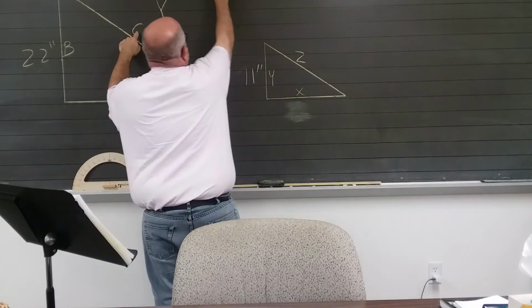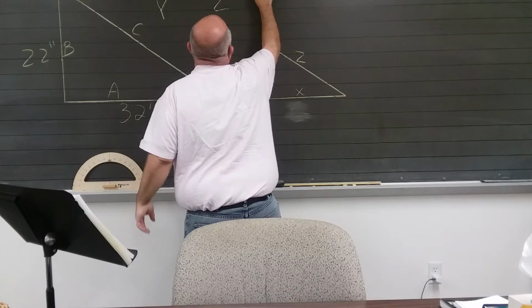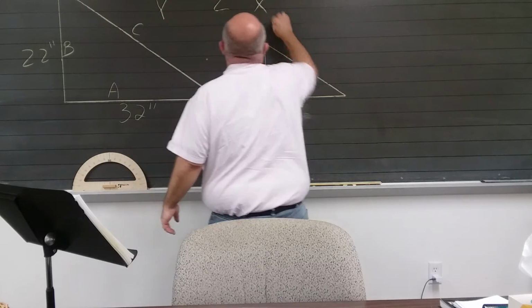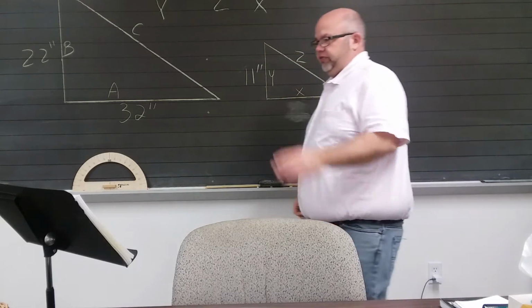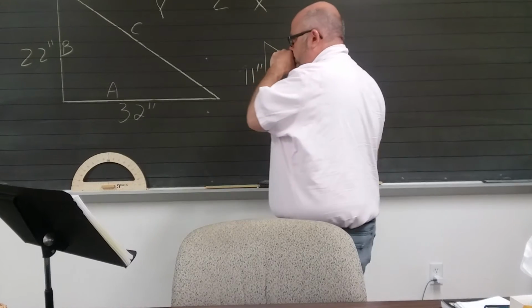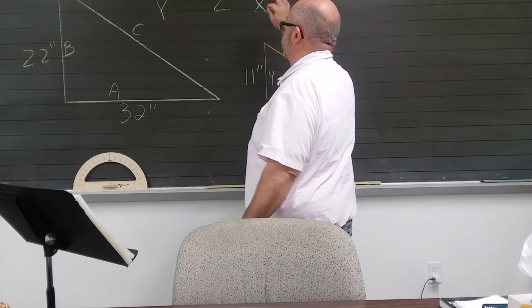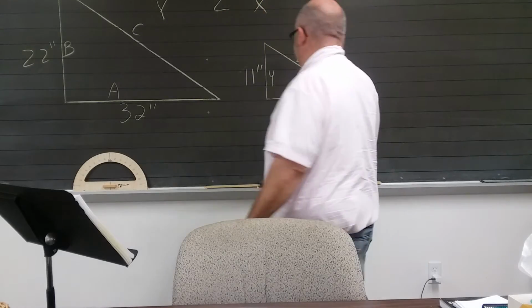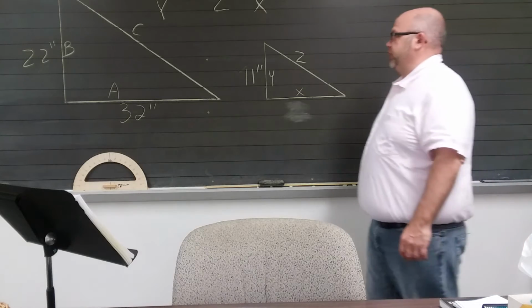C over Z, and A over X, right? Now in today's lesson 151, due on Thursday, they're simply using these proportions to find the missing length of a side.